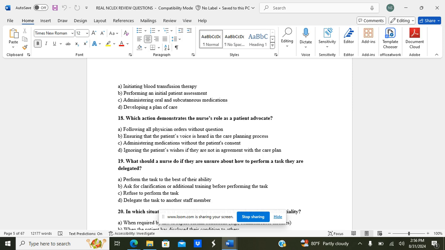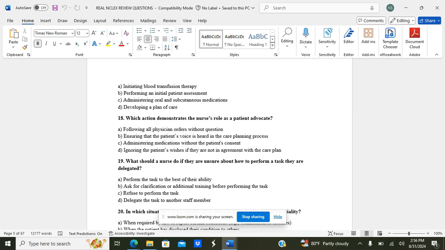Let's continue. C, administering medication without the patient's consent. No, you cannot do that. D, ignoring the patient's wishes if they are not in agreement with the care plan. No, therefore B is the answer.